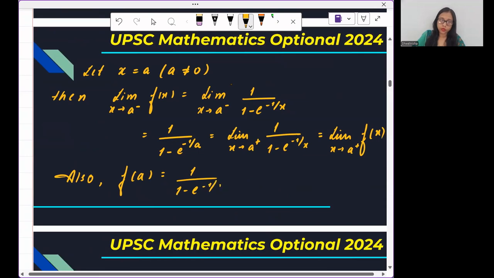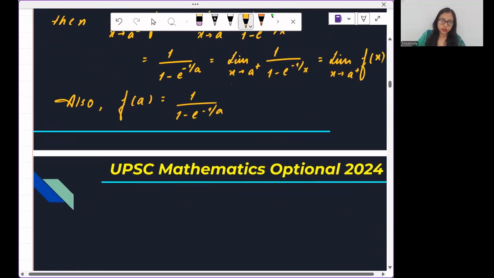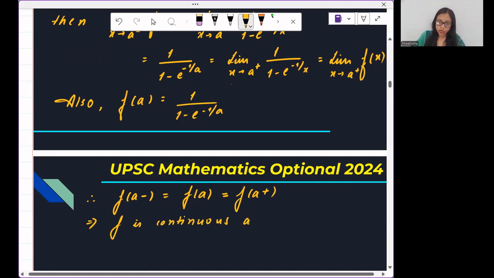Therefore, f(a negative) is equal to f(a). Left hand limit at a, right hand limit at a is equal to the value of the function. It implies f is continuous at x equals a.